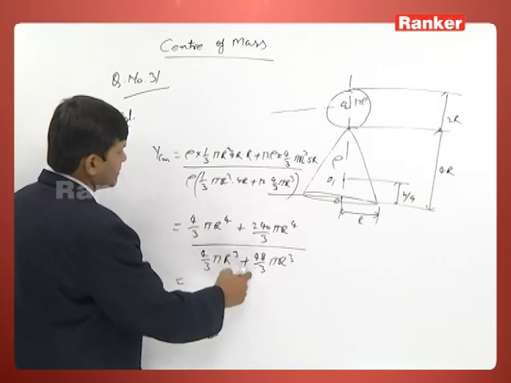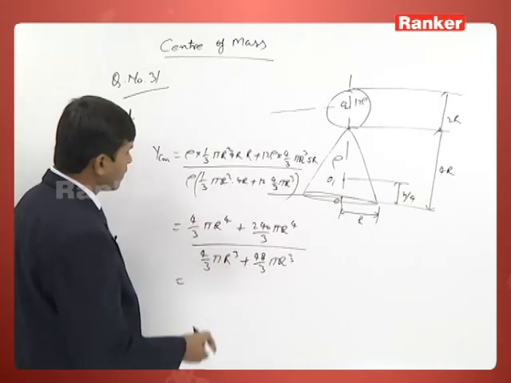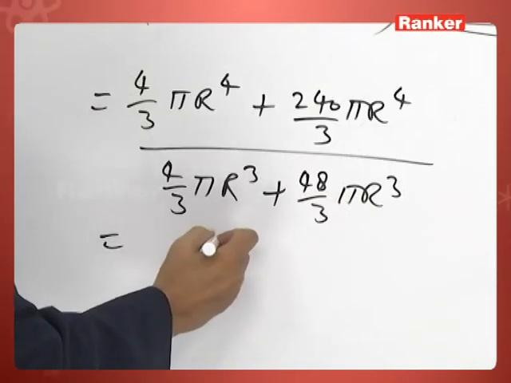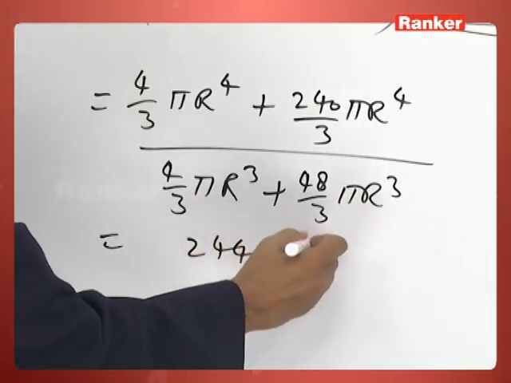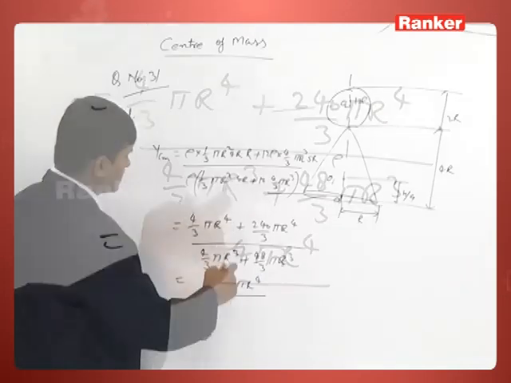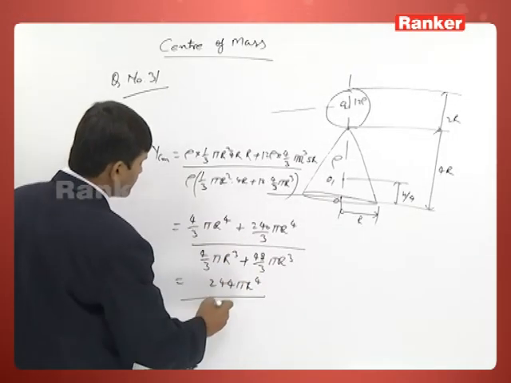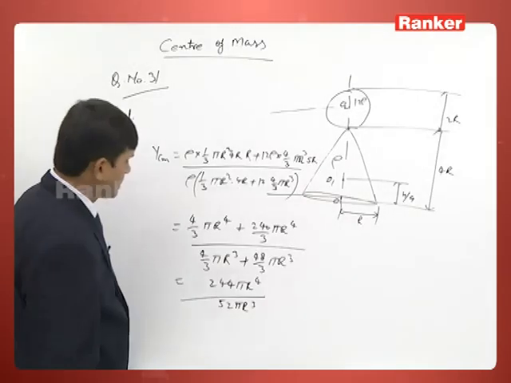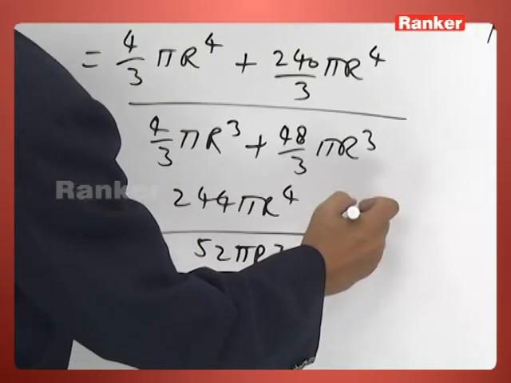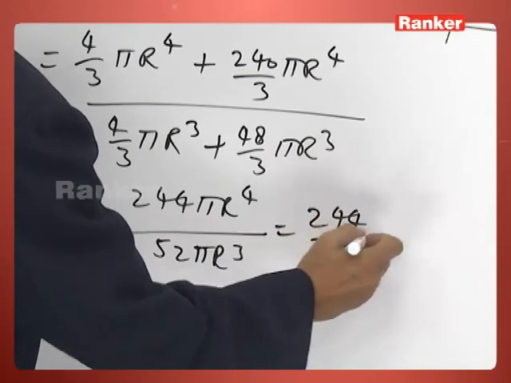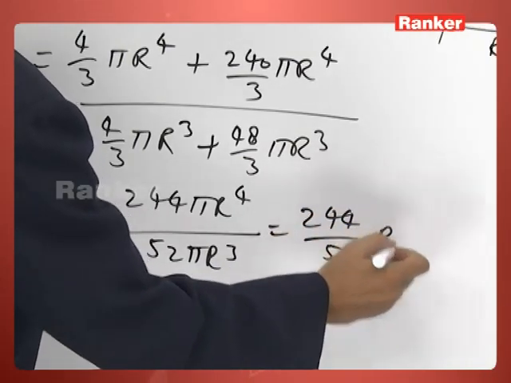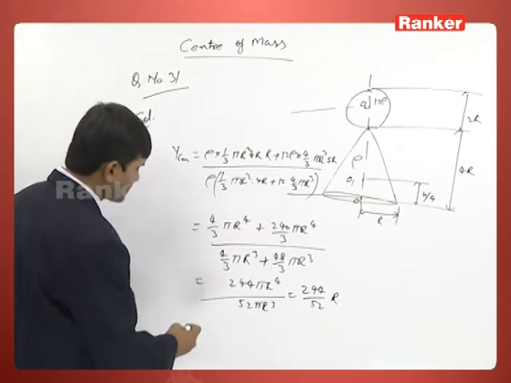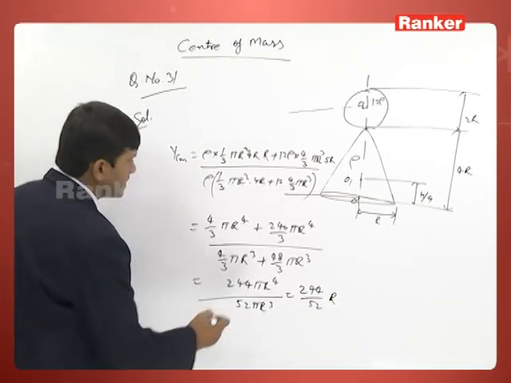So 4 by 3 can cancel everywhere, and here 240 plus 4 is 244 pi r to the power 4, over 48 plus 4, 52 pi r cubed. So finally we have 244 by 52 r, and now simplify this.